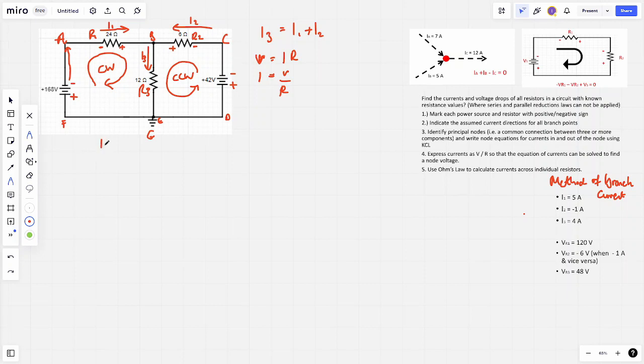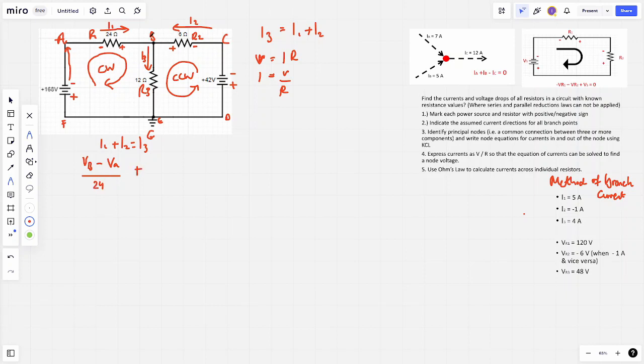If I1 plus I2 is equal to I3, therefore we can replace I1 with VB minus VA over the resistance, which is 24. Now we can do the same with I2.